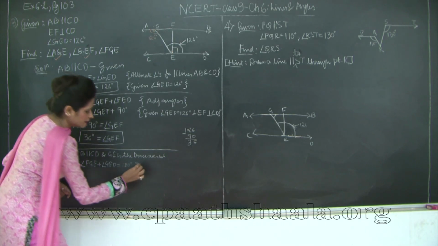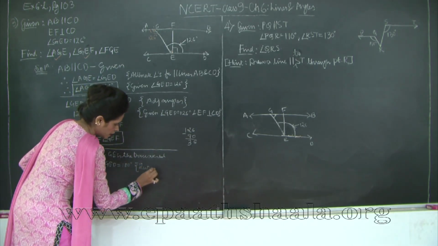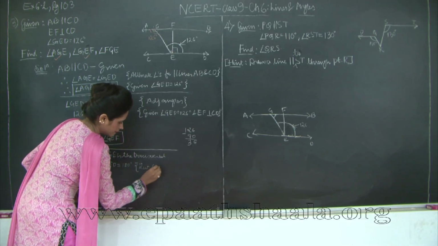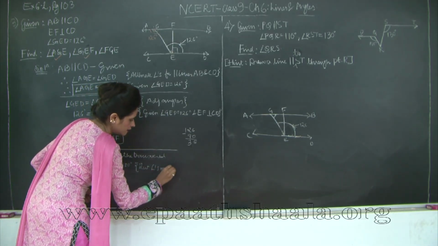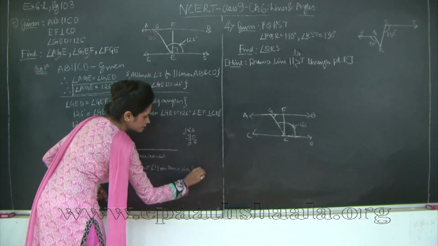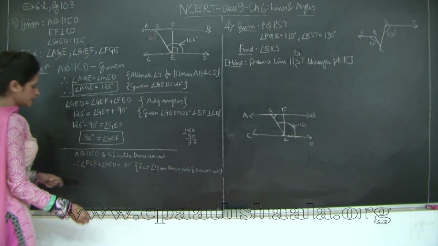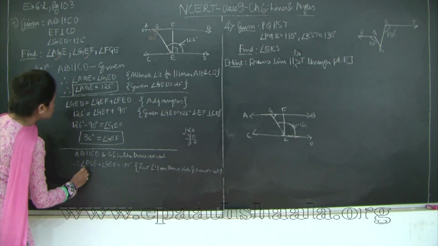And my reason would be sum of interior angles on same side of transversal. Correct? So FGE is what we need to find out.